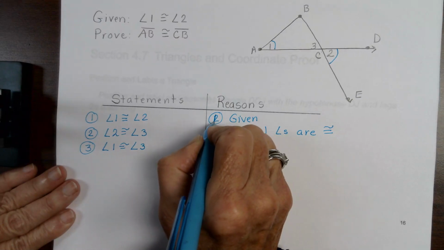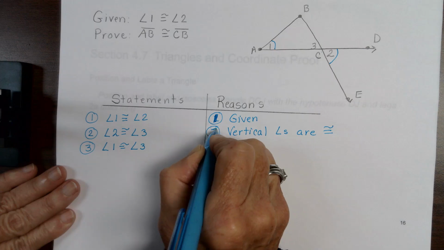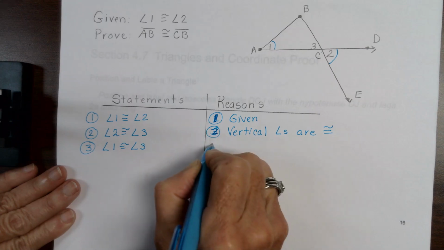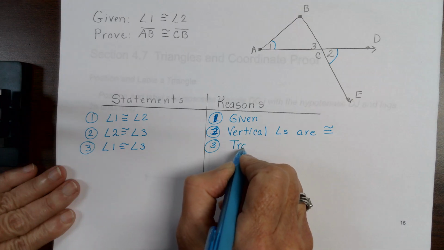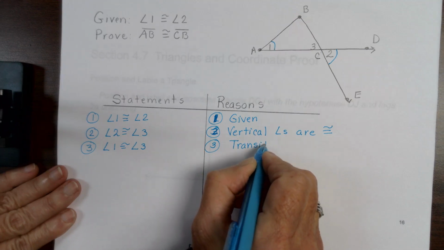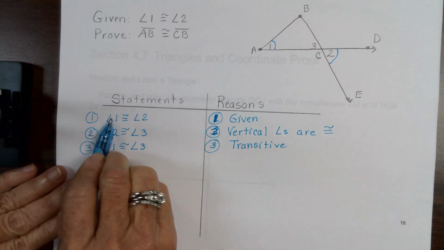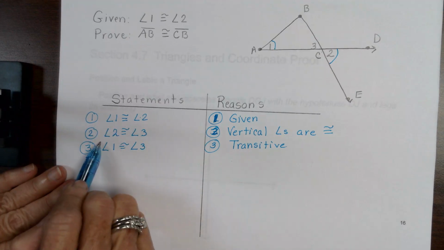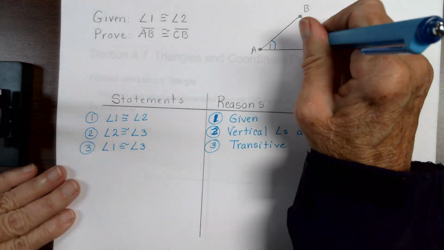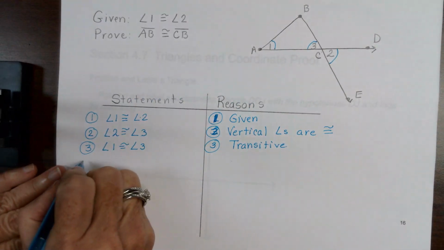Oops, I got my numbering wrong here. Okay, 1, 2, 3. So this is by transitive property, because if 1 is congruent to 2 and 2 is congruent to 3, then 1 is congruent to 3. So therefore, I also have a mark right there.